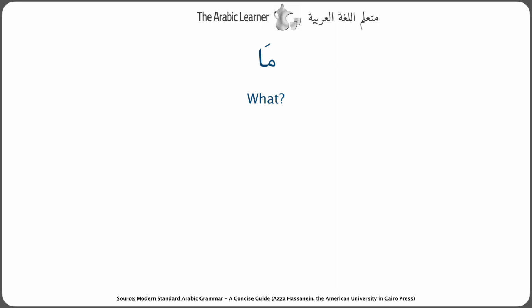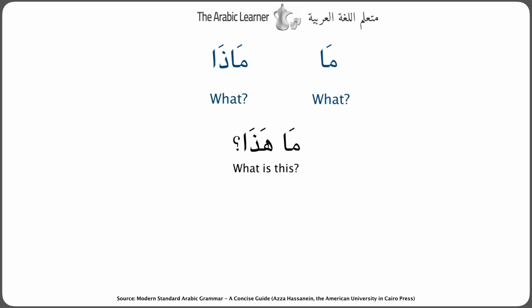ما. What. And another form of this word is ماذا؟ both of them are used as what, but in different cases. First of all, you can see here, ما هذا؟ saying what is this? This is when the word for what is followed by a noun.